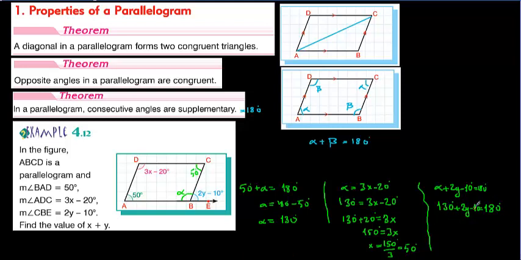So 130 minus 10, 2y plus 120, is equal to 180 degrees. 2y is equal to 180 minus 120, which is 60. Then y is equal to 60 over 2, which is 30 degrees. So x is equal to 50 degrees, y is equal to 30 degrees, then the result is equal to 80 degrees.